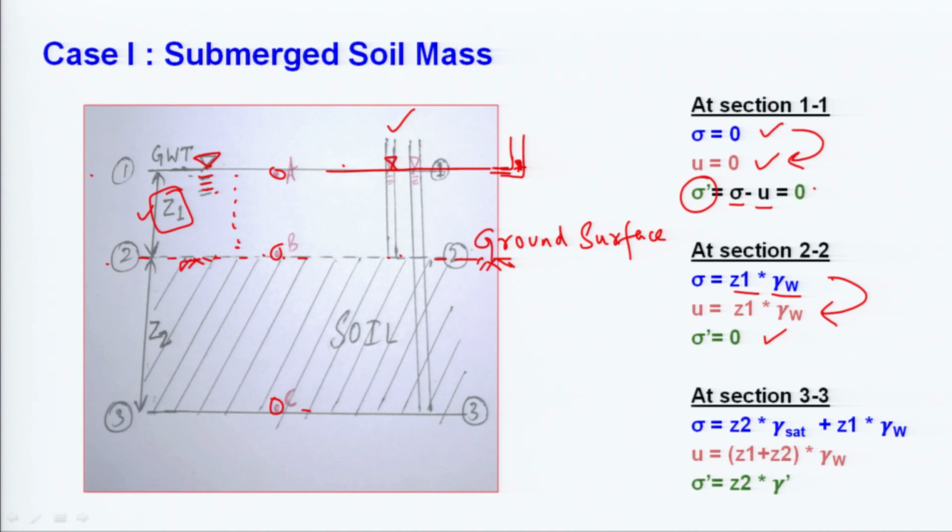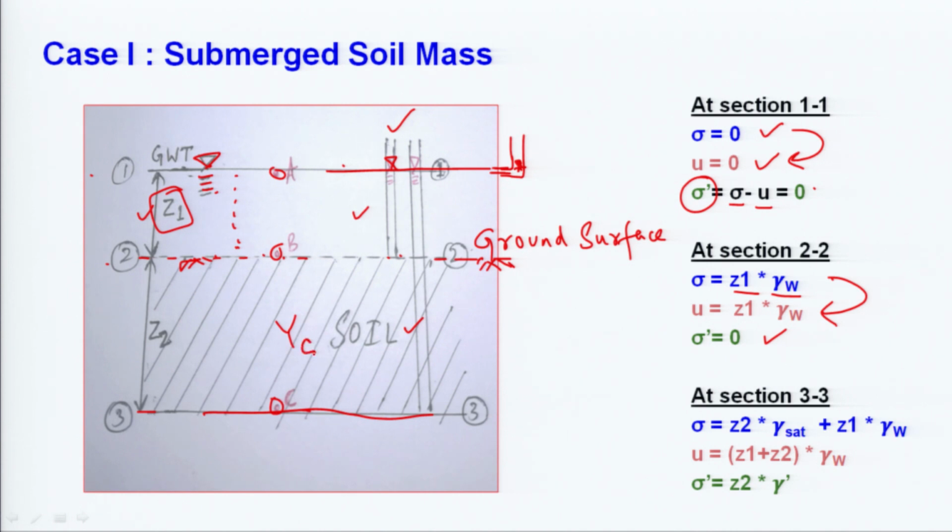When we talk about the third section, this section here, this soil portion is there and this portion is containing some water, between 1 and 2. So, above this section there is Z2 into gamma of this soil, but what will be the gamma?